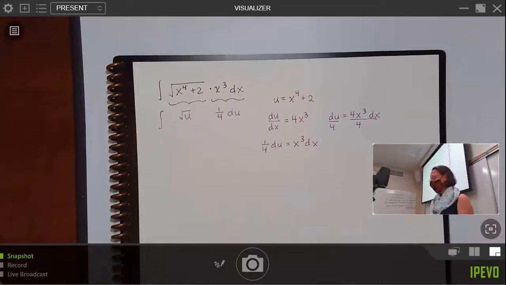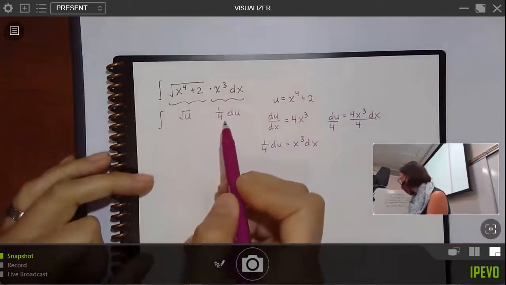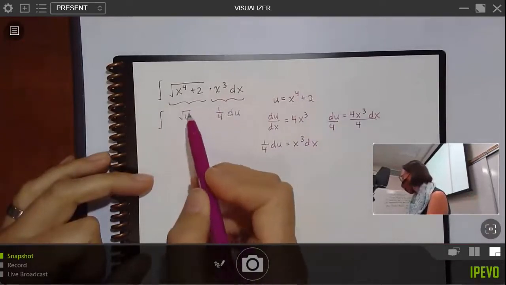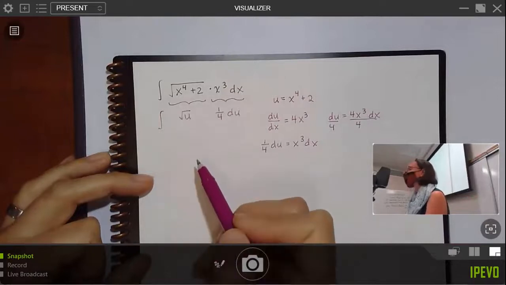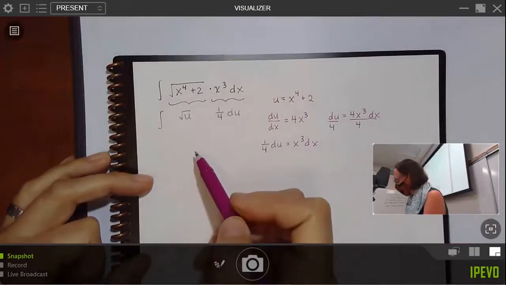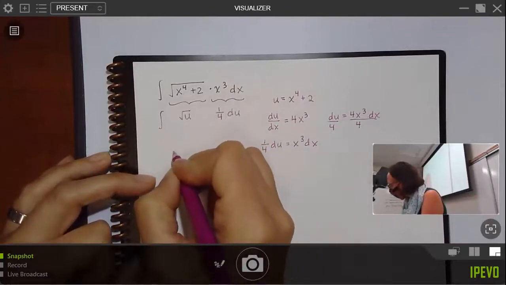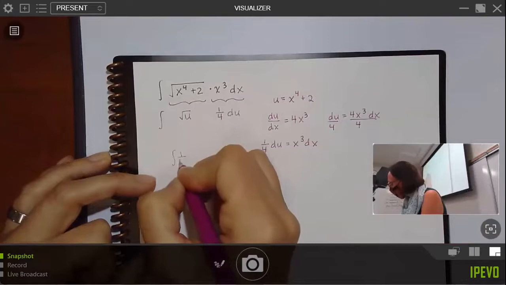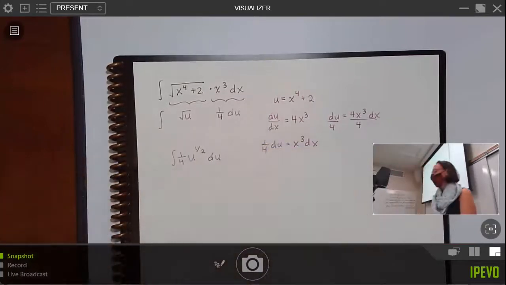Just those two options. Well, I have options for how to get through this, but I probably want to rewrite that square root of u as u to the 1/2 power. So I'm just going to take this and write that as the integral of 1/4 u to the 1/2 power, so that we can add 1 to the exponent and divide by the new exponent.